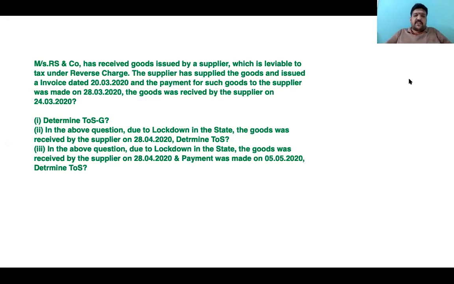Through that new section, one notification is issued, 168A in the Act itself. As an ordinance it has been issued. Ordinance means you will go and amend the law that night with the power of the president.